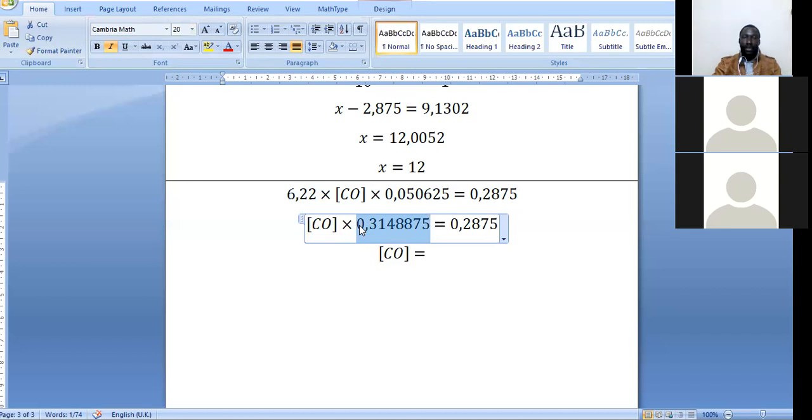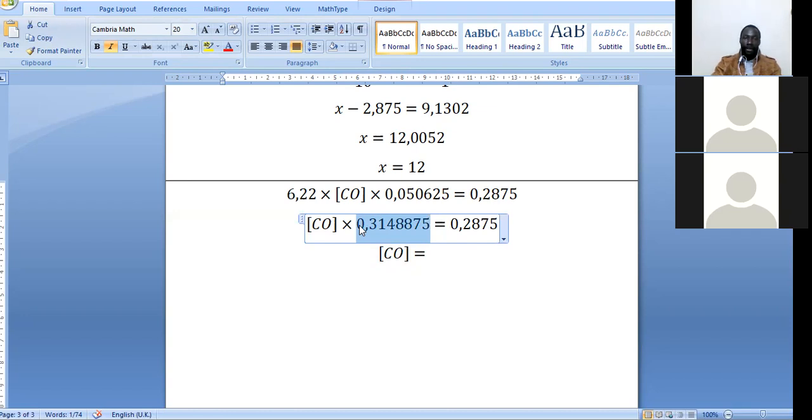So we write this thing: 0,2875 divided by 0,3148875.